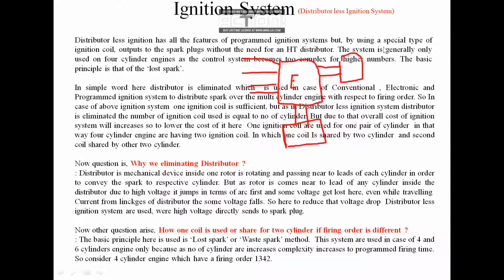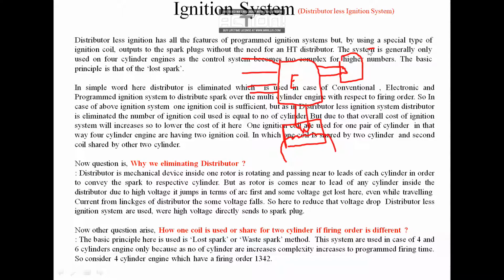Here this is one coil, and here this is the second coil we are using. This is a primary winding, it is earthed inside the ECU only. So this is a primary winding, this is a primary winding, and now we have the secondary winding over here.